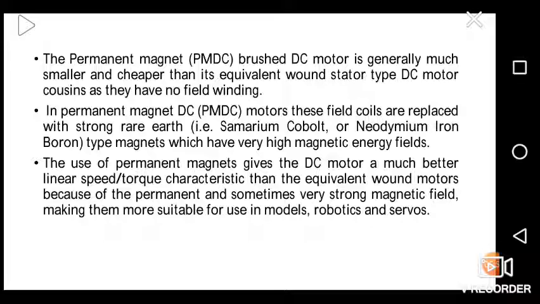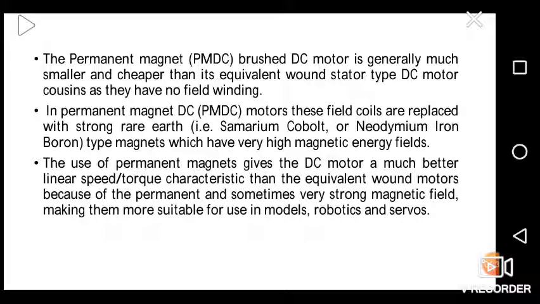A permanent magnet brushed DC motor is generally much smaller and cheaper than its equivalent wound stator type DC motor, as they have no field windings. In permanent magnet DC motors, coils are replaced with strong rare earth magnets, such as samarium, cobalt, etc., which have a very high magnetic energy field.